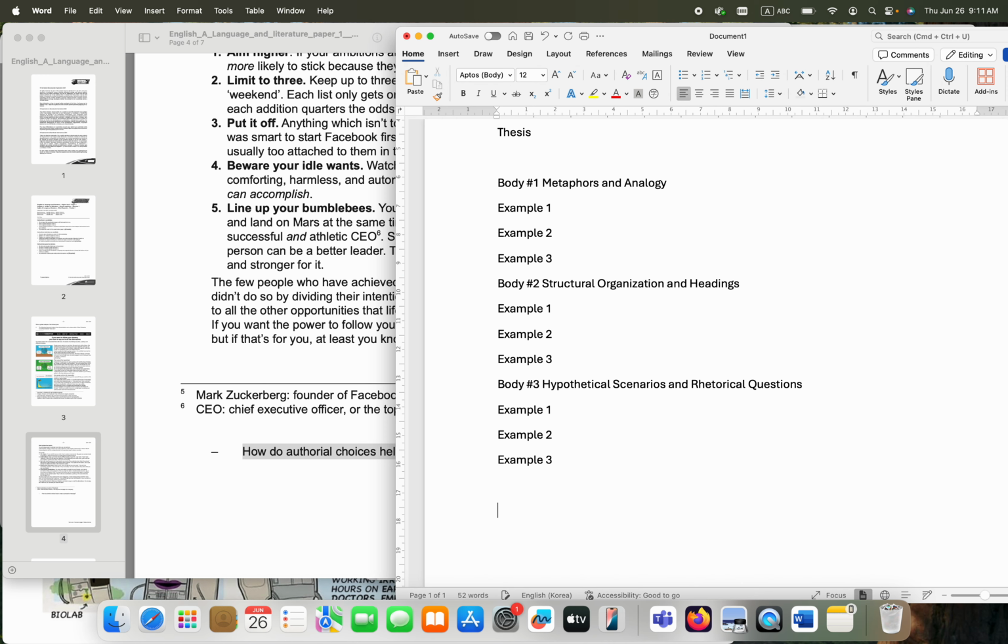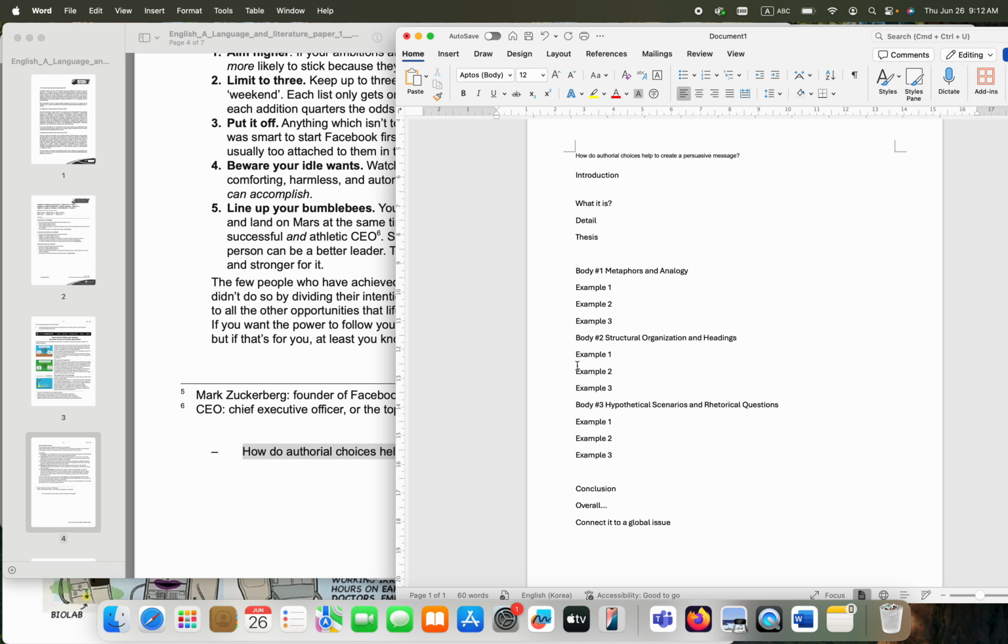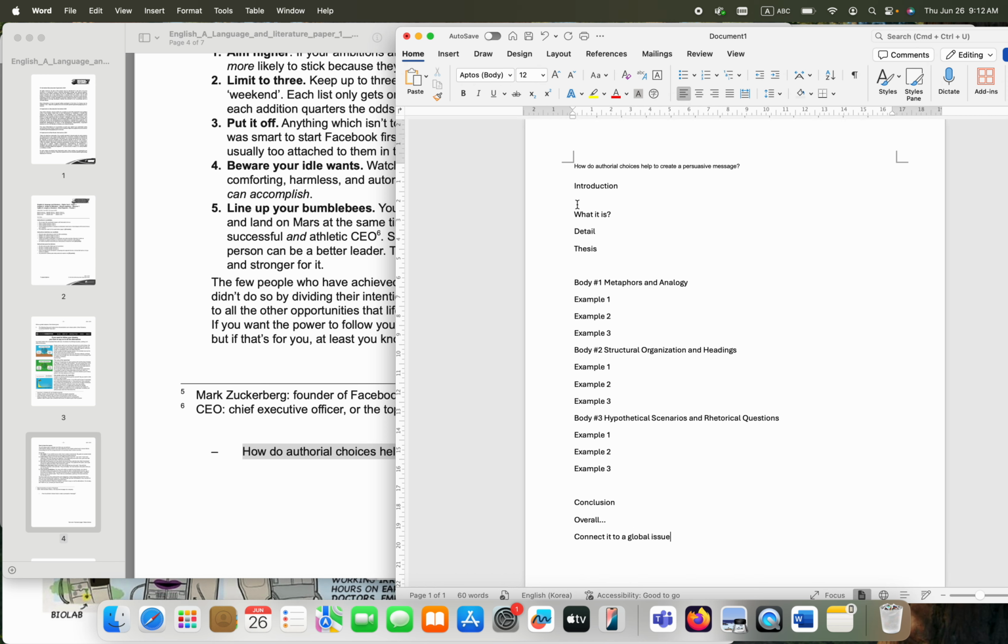And then you just want to jump to the conclusion. So just overall. And if you could try, this is more directed to paper 2, but you could try and connect it to a global issue, if you can. You don't have to. So this will be the rough template that I will follow.